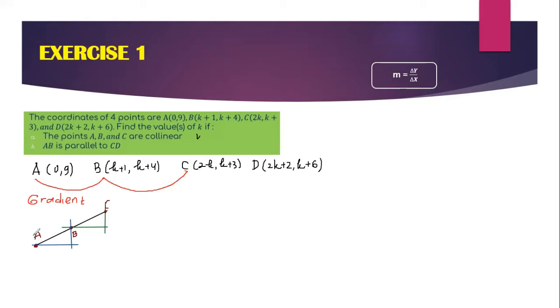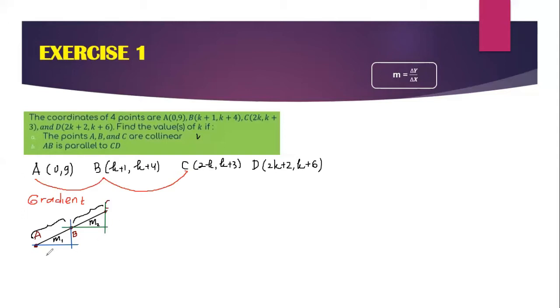The line connecting BC has the second gradient, M2.